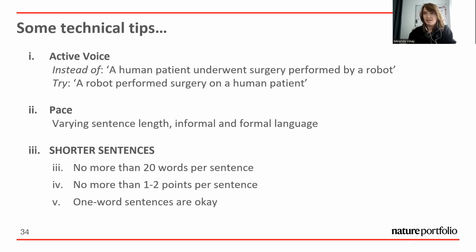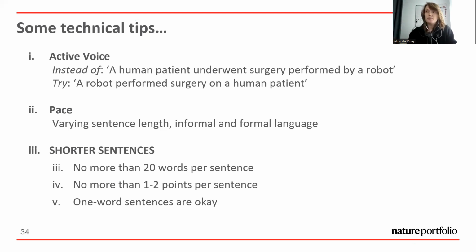There was a 2020 Nature News article. So I do say no more than 20 words per sentence. And the reason for that is because you don't want to add too many things to a single sentence. It gets all blurry and messy. So no more than 1 or 2 points. And I just want to stress that single word sentences are okay. Even in publications like mine or in the science world, there was a 2020 news article that Nature published, so not primary science, but secondary science.